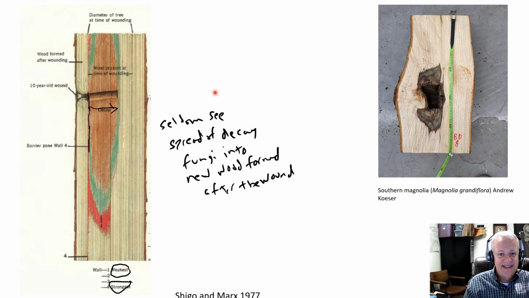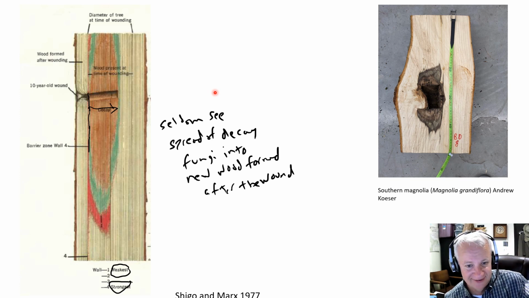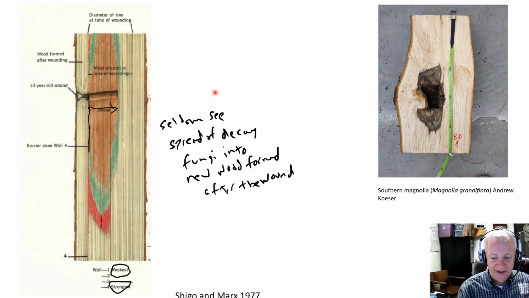So it's often said that trees don't heal wounds, they compartmentalize wounds. They really can't do anything to fix the decay that happens, but that CODIT response, both constitutive and induced, helps to limit the spread of that decay and compartmentalizes it and allows the tree to grow around it to grow new wood.